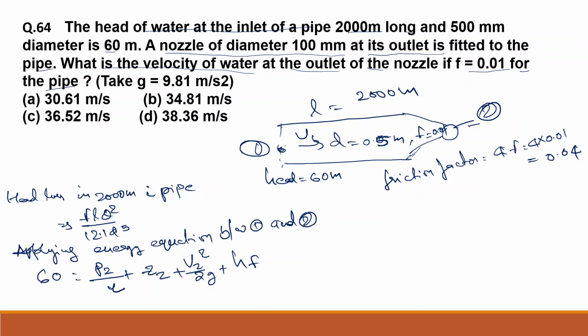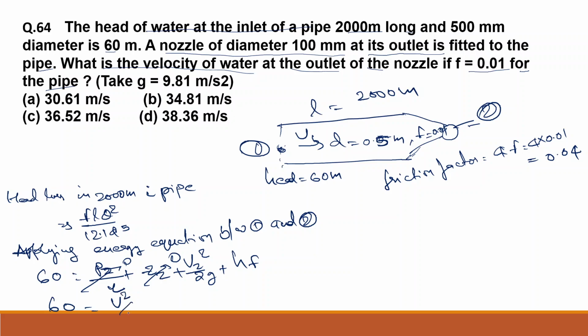P2 upon gamma, P2 is 0, Z2 is also 0, neglecting loss in nozzle because there is no nozzle loss in this.